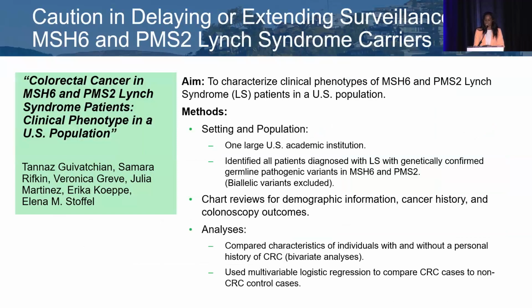They conducted a chart review looking at demographic information, cancer history, and colonoscopy outcomes for these patients. And in their analyses, they tried to compare characteristics of individuals with and without a personal history of colorectal cancer, as well as to compare colorectal cancer cases to non-colorectal cancer control cases.